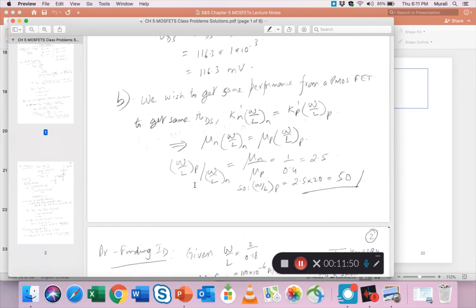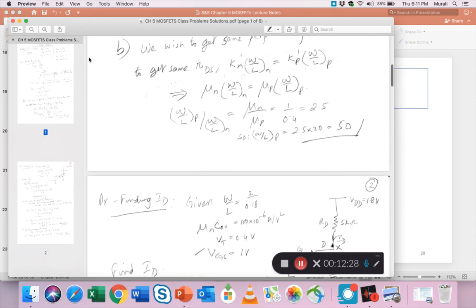So if you take the ratio of that, you end up with the fact that the ratio of the hole mobilities is 2.5. So the ratio of the aspect ratios will be 2.5 times that value of the one for the NMOS. So we are trying to find the PMOS value. So you multiply this 2.5 by that NMOS value and you get the new aspect ratio. Okay. So I hope that was clear.